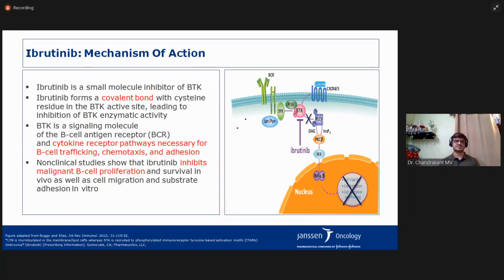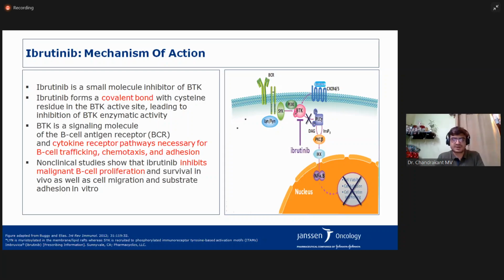So what is the mechanism of action of ibrutinib? As the root is there in its name, it's a protein tyrosine kinase inhibitor. If you look into the cell, we have the B cell receptor, and there are multiple signal transduction pathways that convey up to the nucleus, with BTK being there in between.